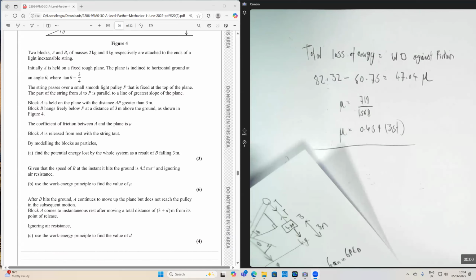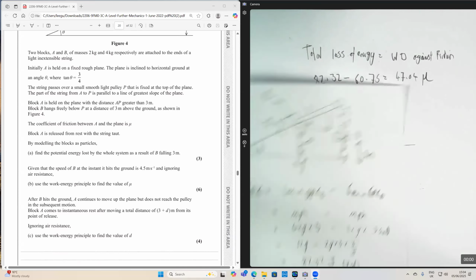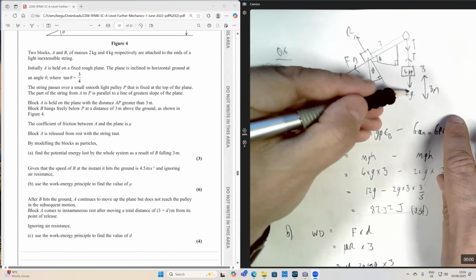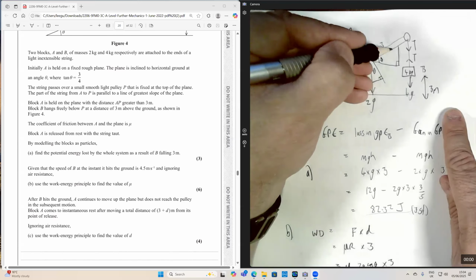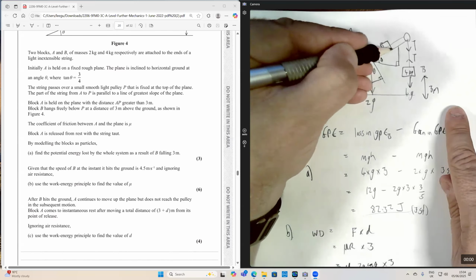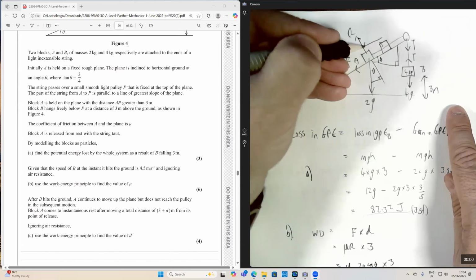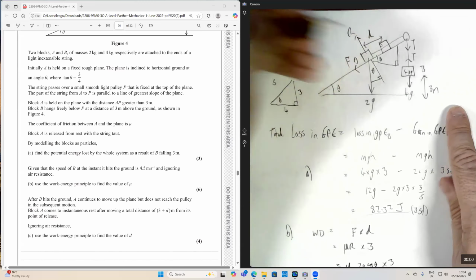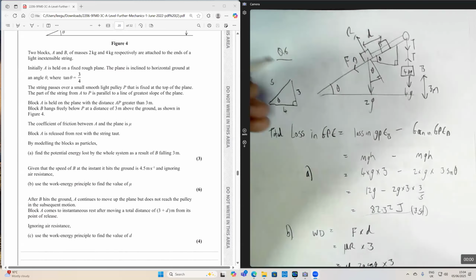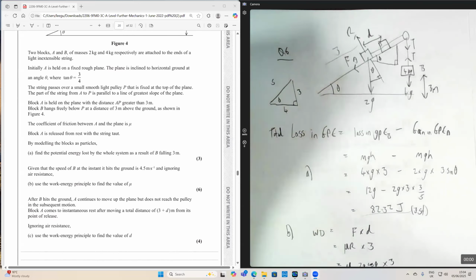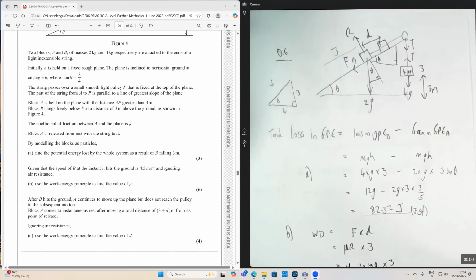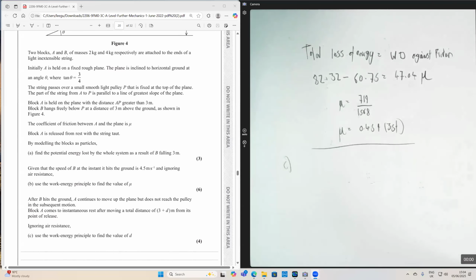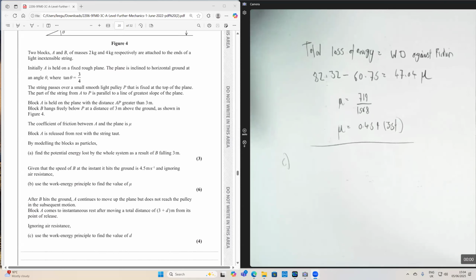Ignoring air resistance, use the work energy principle to find the value of D. So B hits the floor, A slides up the plane, comes to rest a little bit further up the plane. The distance that it continues to move, in addition to what it's already moved, is D. So it already moved a distance of 3 meters, and then it moves a further distance of D before it comes to rest. That's going to be important in a moment.